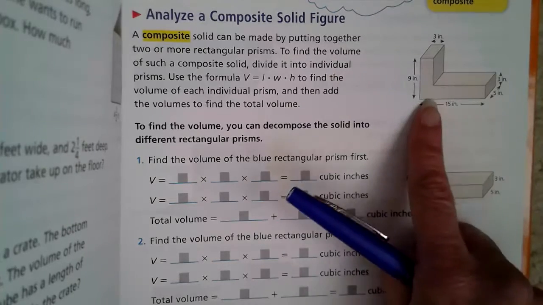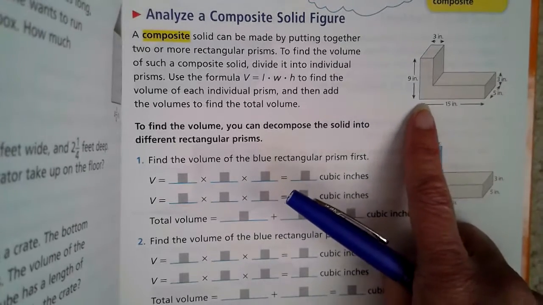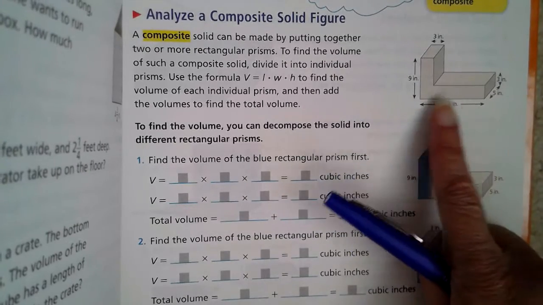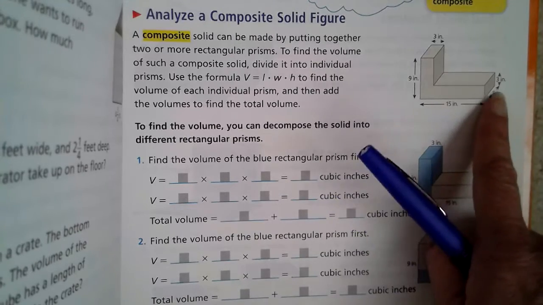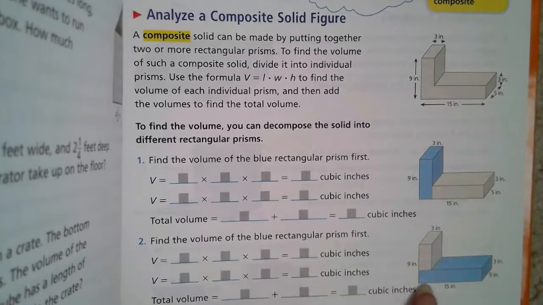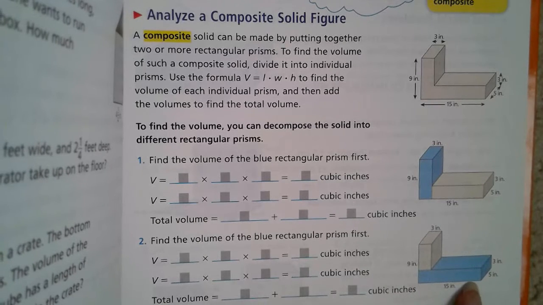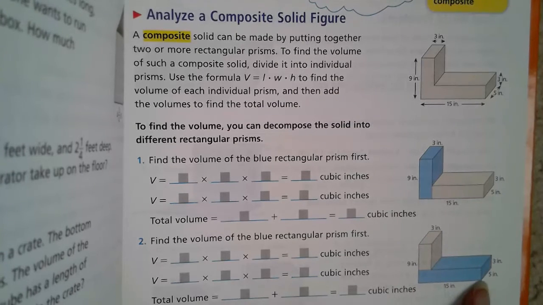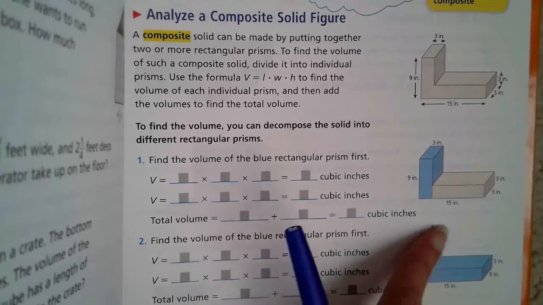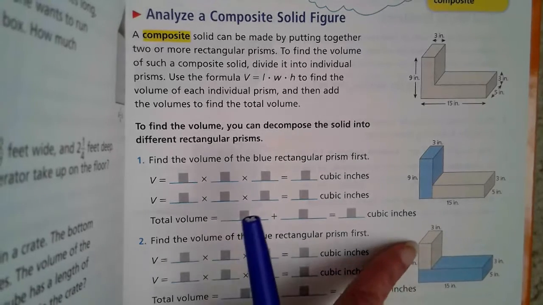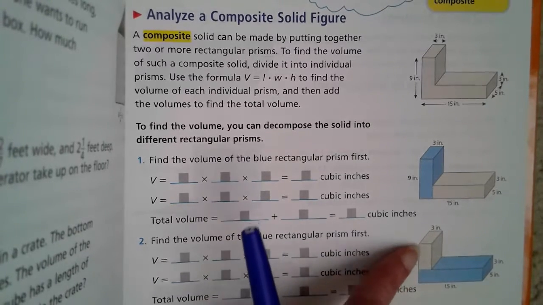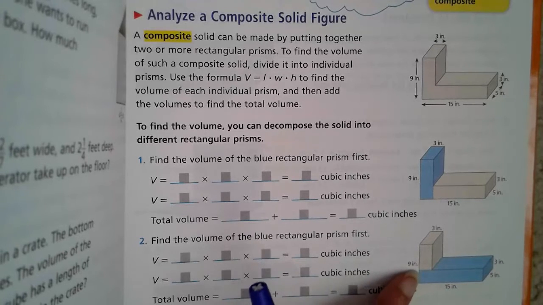The important thing about figuring this out is that for volume, we need to use the length times the width times the height. So if we wanted to do this one with the blue down here, the length is 15, the width is 5, and the height is 3. We would find this whole blue shape if we took 15 times 5 times 3. But that leaves us with this little brown shape up here. Now the problem is it says that this whole thing is 9, but we've already used this blue part.